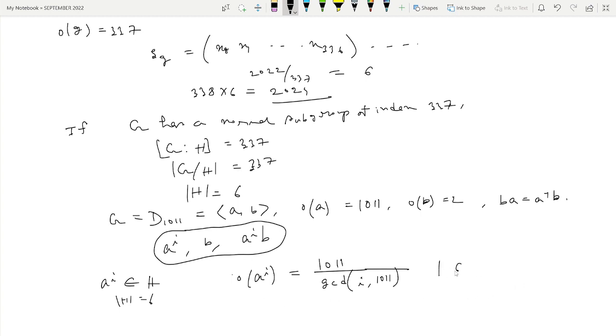So the divisors of 6 are 1, 2, 3 and 6. But this number, 1011 divided by something, cannot be an even number.